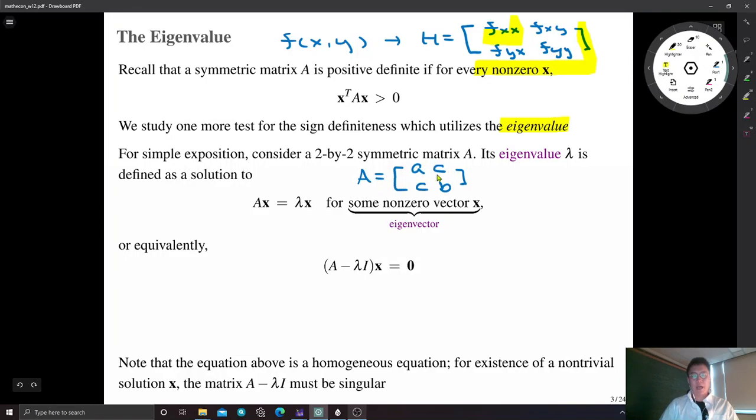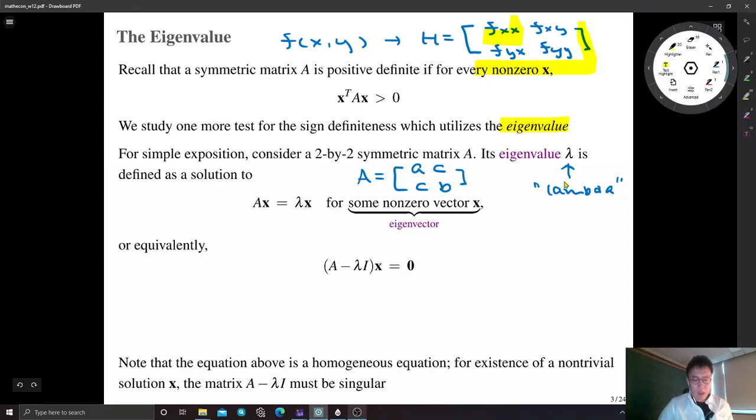The eigenvalue is denoted by lambda, a Greek letter. We use the same letter for the Lagrangian multiplier in the live lecture, but the common notation for eigenvalue is this Greek letter lambda. Although the textbook uses a different notation, let me stick to the common notation.